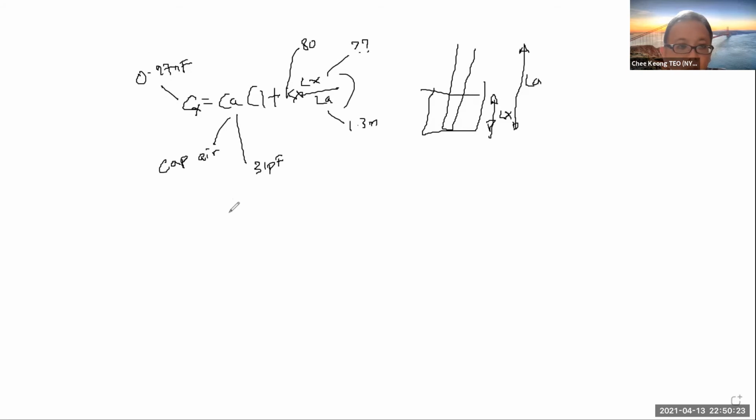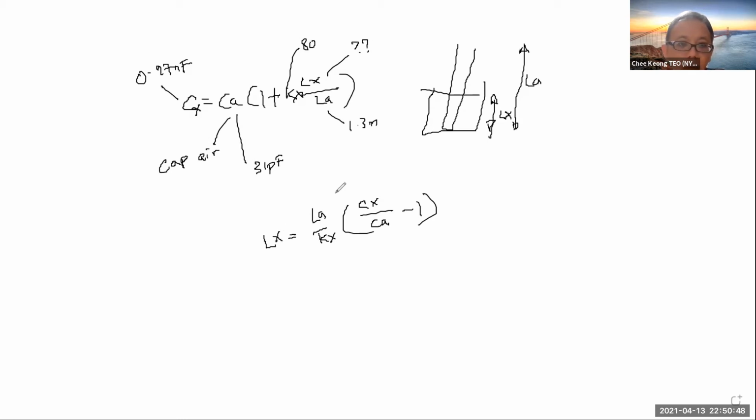Basically, if I want to find LX, I need CX divided by CA, then bring the 1 over, so minus 1. Then I divide the whole thing by KX and multiply by LA. So your LX will be something like that.